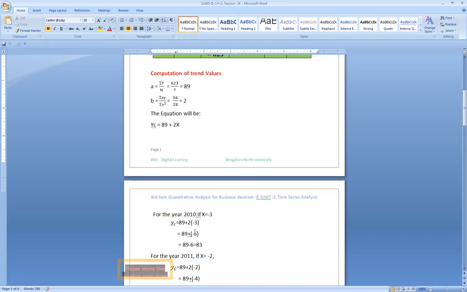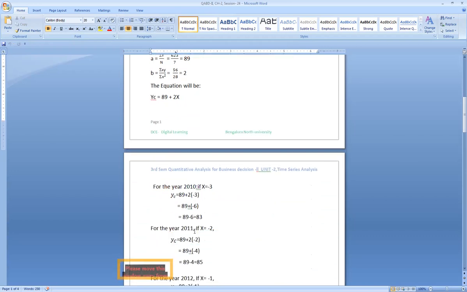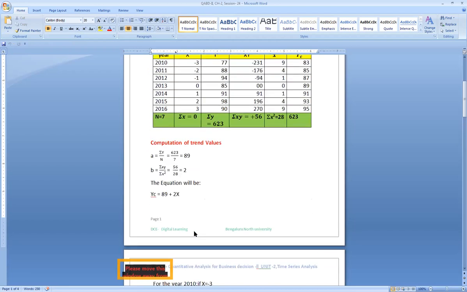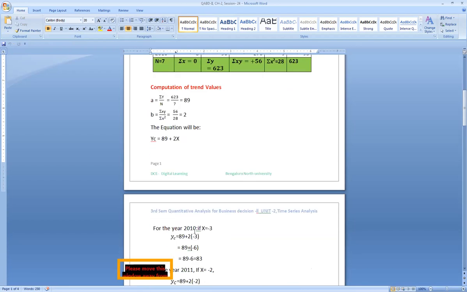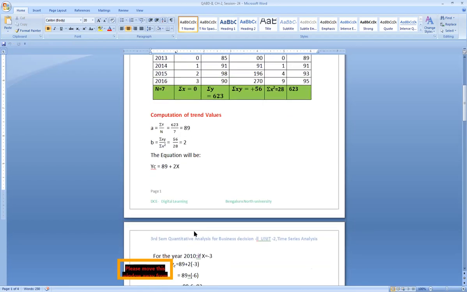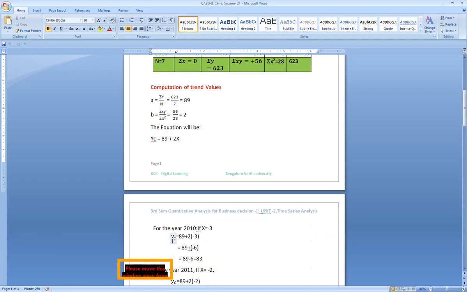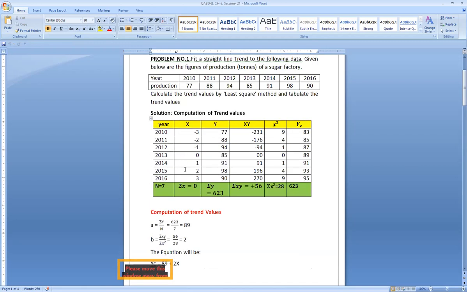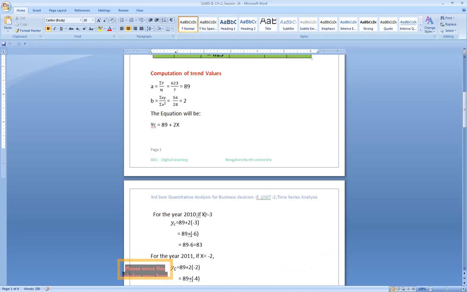Let us compute the values with the help of this equation, starting from 2010 to 2016. What are the trend values? We know that the equation yc is nothing but a plus bx. For the year 2010, the x value is minus 3.